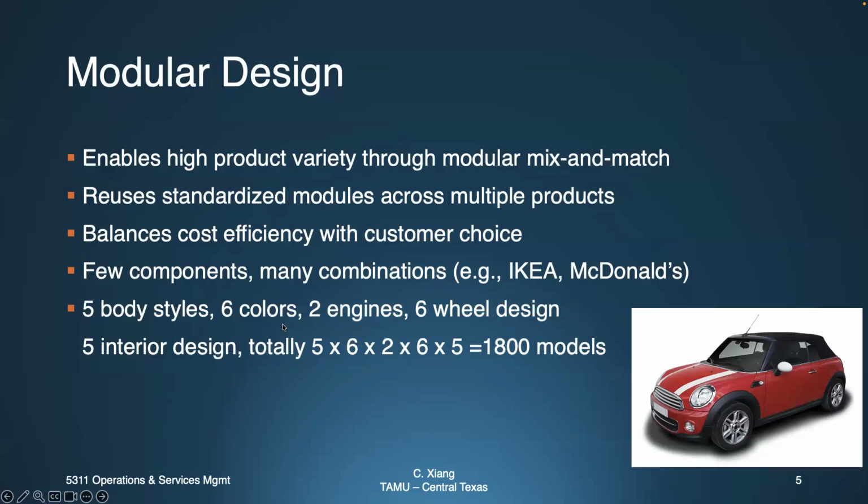If these features were not modular, the firm would effectively need to design and manage 1,800 different products. With modular design, however, these options can be combined efficiently to create customized products without redesigning the entire vehicle each time.